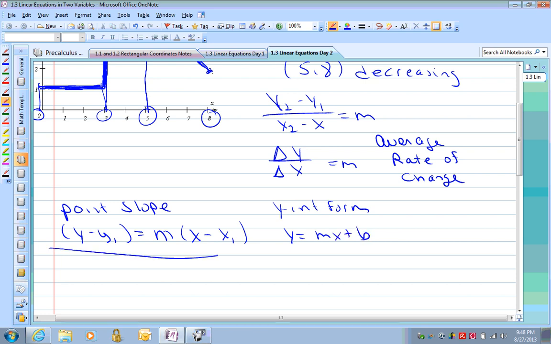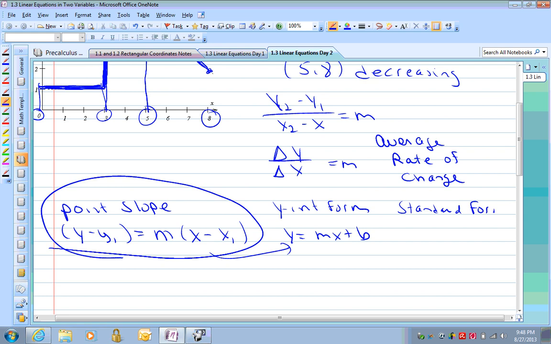But you're now in pre-cal, so we're going to go to this form more often, and we can convert that form, of course, to this. We did that a little bit yesterday. And then finally, standard form, and that will be ax plus by equals C. And again, this can be changed to this form, and this can be changed to this form. I'm going to put arrows at both ends. These are all interchangeable forms, but we're going to focus on point slope.